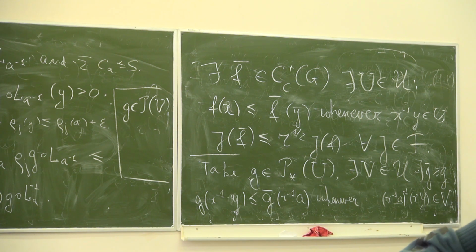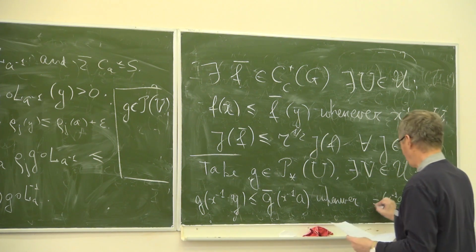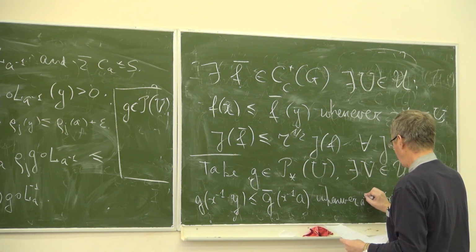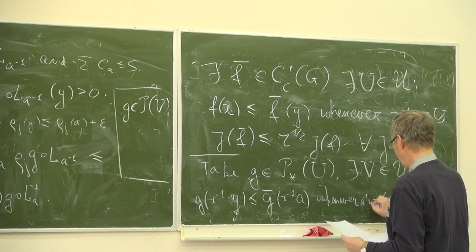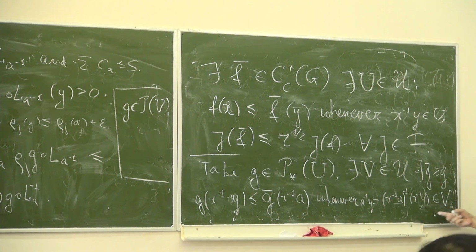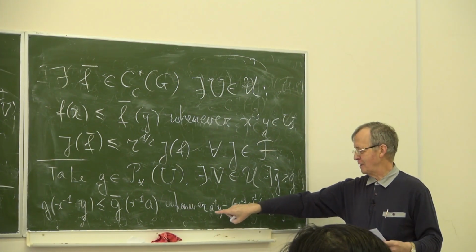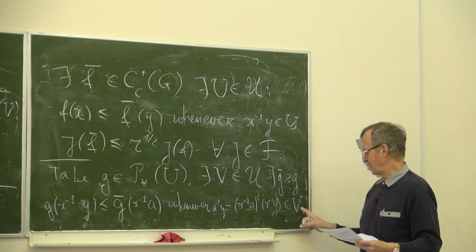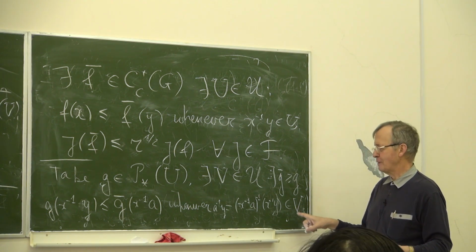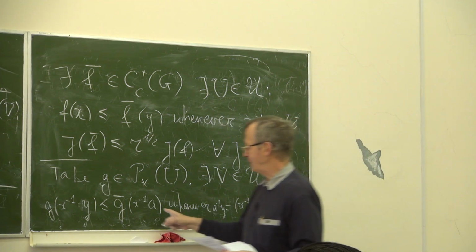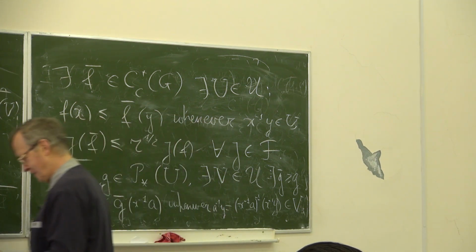So this is a formal application of that lemma about the majorant, but let's observe that this thing is equal to a to the power minus 1 y. So this simplifies. So whenever these points are V close to each other, then we have this inequality.